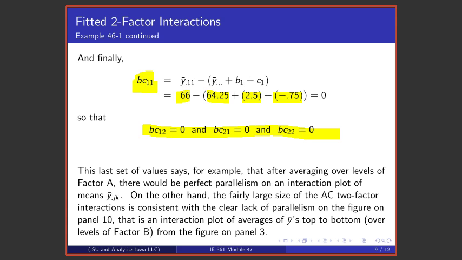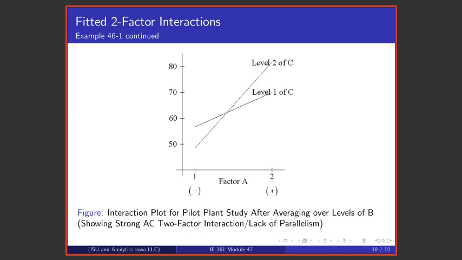That says averaging left to right on that cube, you get perfect parallelism if you went about plotting the 4 corresponding y bars. There'd be no lack of parallelism.